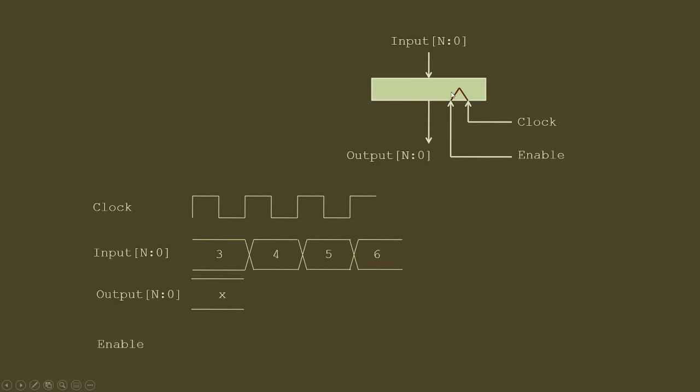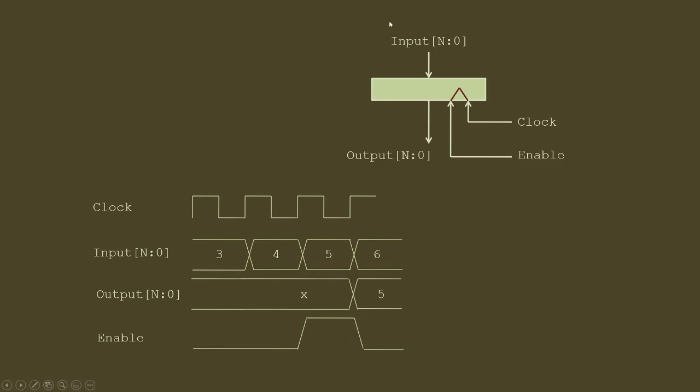For example, if at this clock edge we have this enable signal as 1, but in the rest of the clock edges before this we didn't have this enable signal as 1, that means the value won't be stored in the register. So the register will retain its old value, whatever it was. Only at the clock edge when enable is 1, the value will be stored.